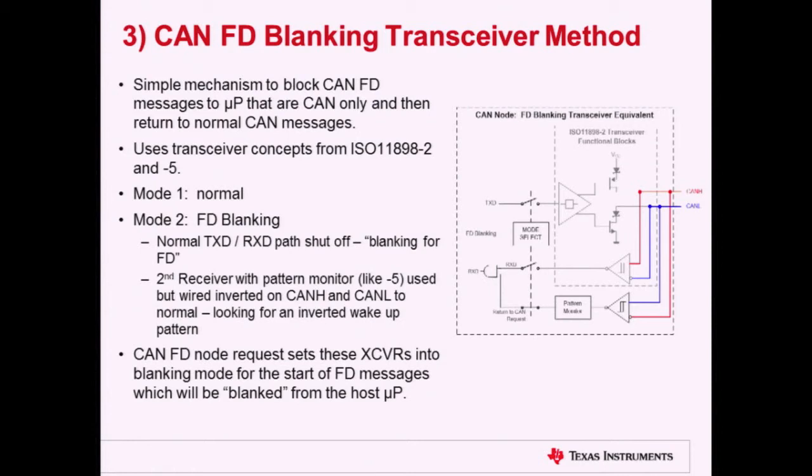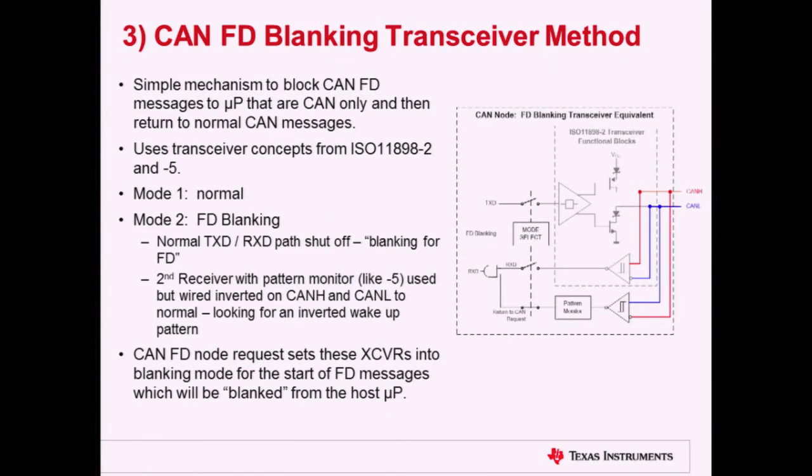So again, we have two basic modes. We have one which is normal, where we have the bidirectional CAN traffic. So any node can talk on the bus with CAN. And then we have a second so-called blanking mode, and this is for the receiving end of a CAN-only module in the system.